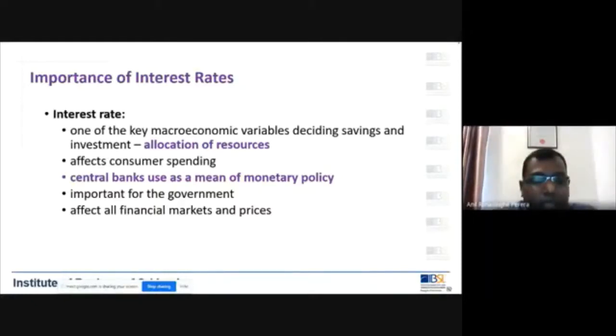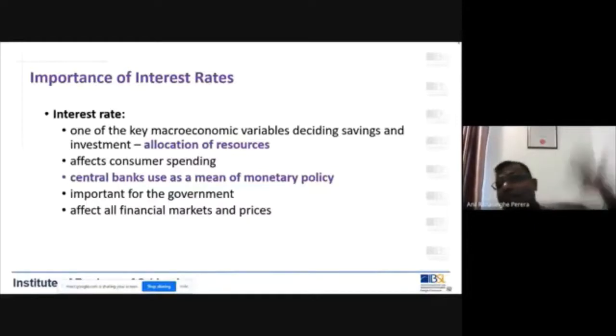People will save when they get an attractive return, which is dependent on the interest rate. People invest when they get money at lower cost. Again, interest rate matters. So in the economy, money or resources are allocated for various purposes based on the interest rate. When interest rates are high or low, people tend to make their decisions.